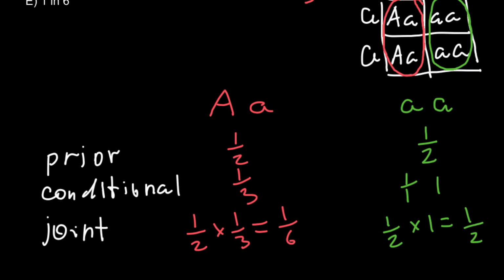So let's call this probability of event A, and this is going to be probability of event B. So we have two probabilities: whether this person has this defective allele or whether both alleles are normal.